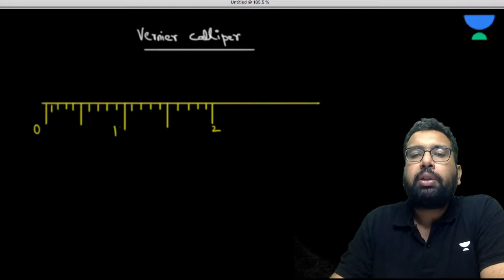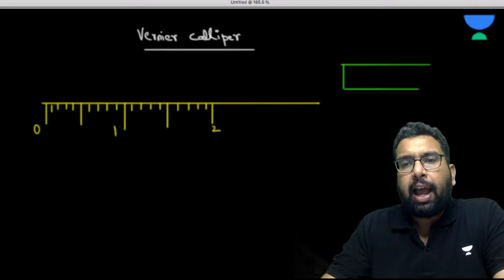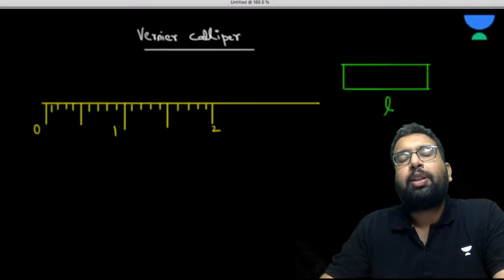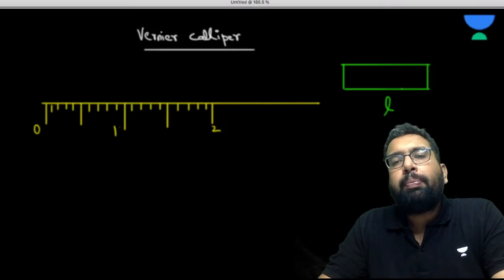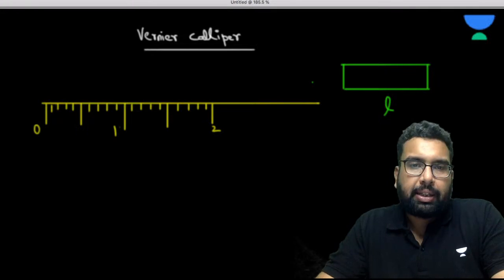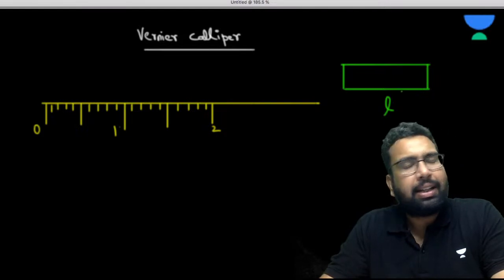Now please understand this. Let us suppose that we have an object, somewhat like this, and we want to measure the length of this object, let the length be L. You try measuring this through the meter scale. You can bring the object to the meter scale, or you can bring the meter scale to this object, either way.